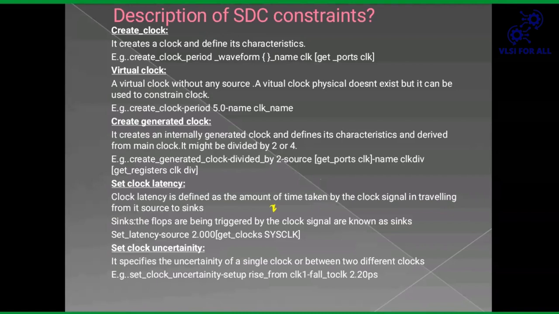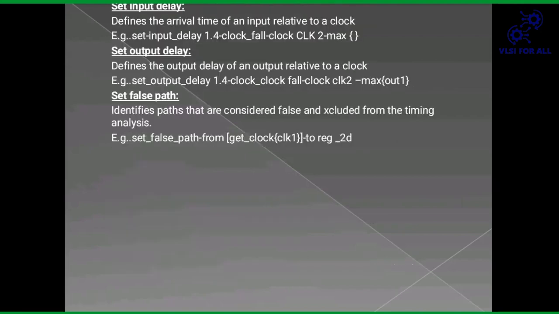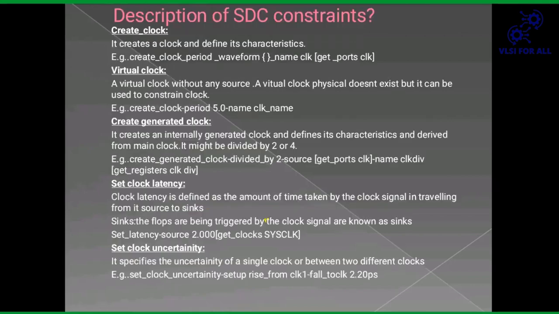I explained nearly 10 constraints last class: create clock, virtual clock, create generated clock, set clock latency, set clock uncertainty, set input delay, set output delay, set false path. But I didn't go to the depth of these constraints. Today I'll explain how to write a constraint and why we use it for a particular part.